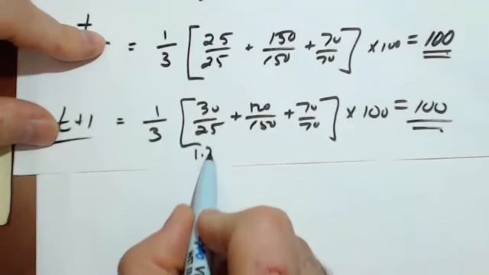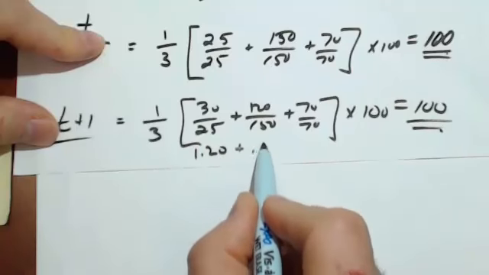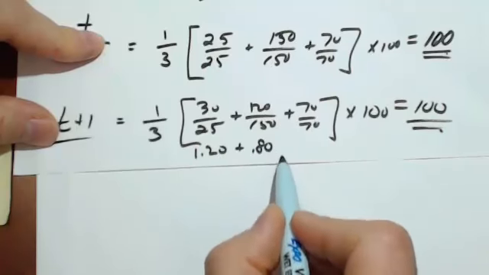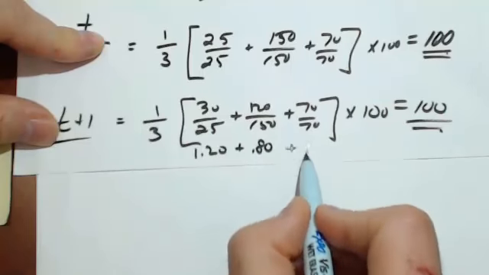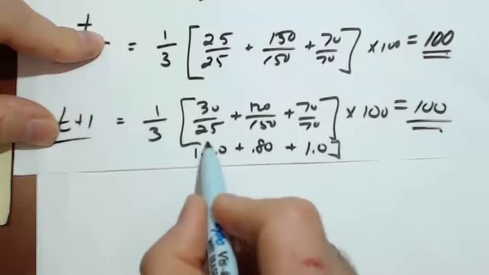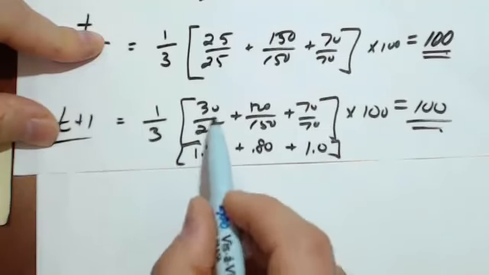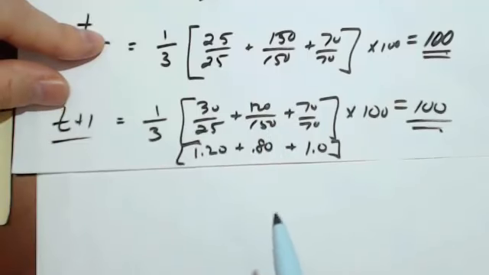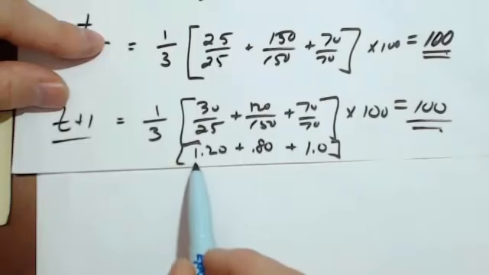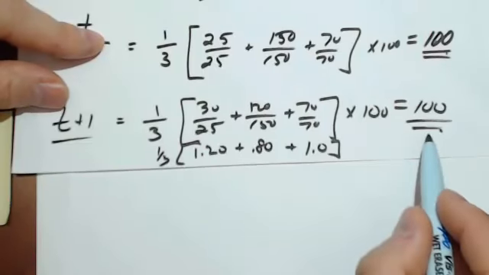Stock A went up 20%. But B went down 20%. So this is 1.2, this is 0.8. Stock C remains the same, so inside the big bracket is still 1. Basically, A and B offset each other because they each had a 20% return, but one was positive and one was negative. They offset each other. Divide by 3, and you get an index of 100.